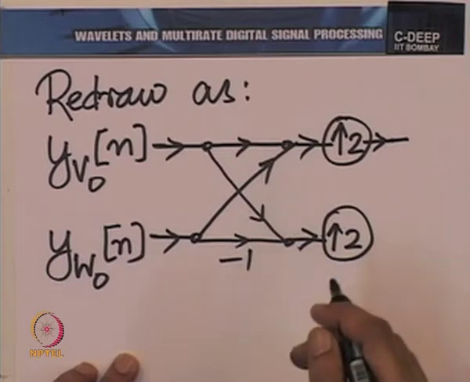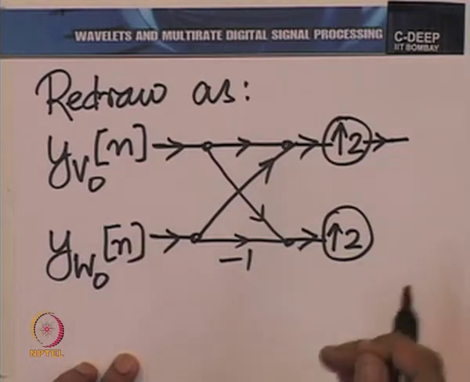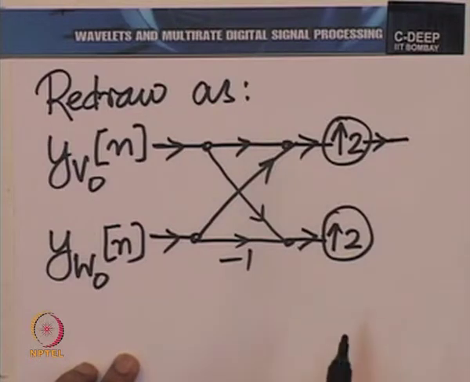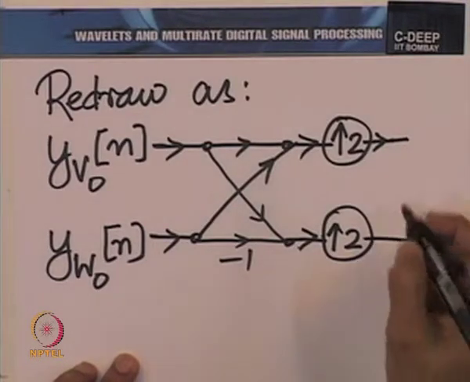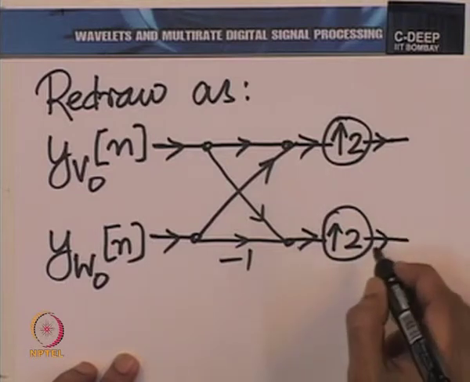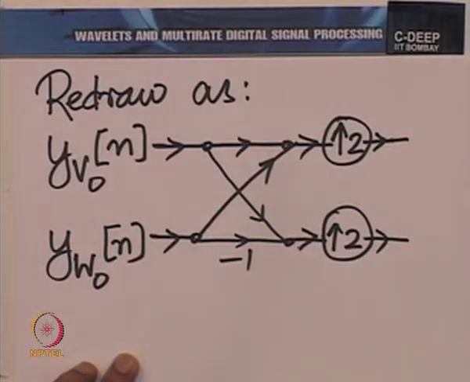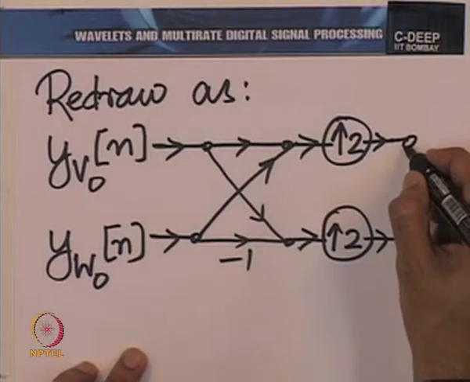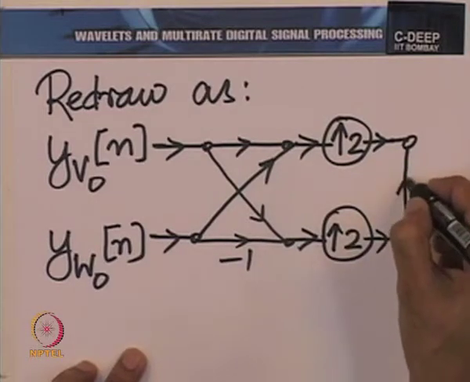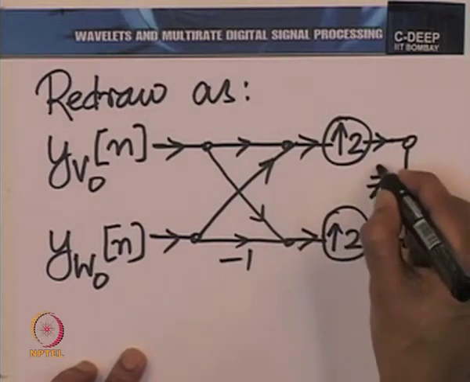So, how do I express that process of passing for the odd instances? I express that by delaying this by one sample on the upsample rate. So, here I need to put a delay operator in the z domain, which is z to the power minus 1.